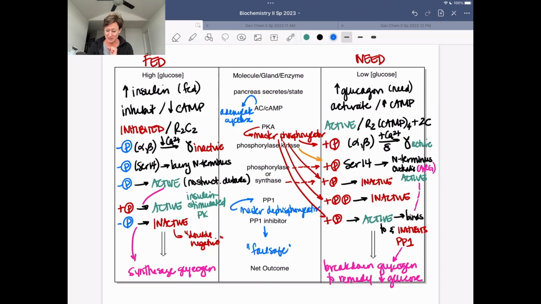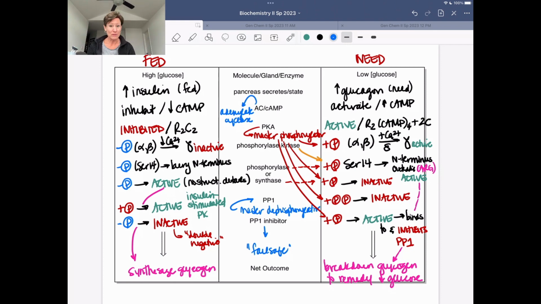One last little piece here. Because we identified the substrates for PKA, which is a master phosphorylator, let's identify for this master dephosphorylator, PP1, what it is responsible for snipping phosphates off of. And actually, all four of what we see here are going to be snipped off by PP1.